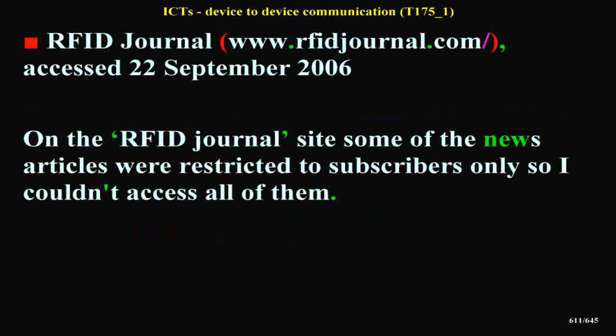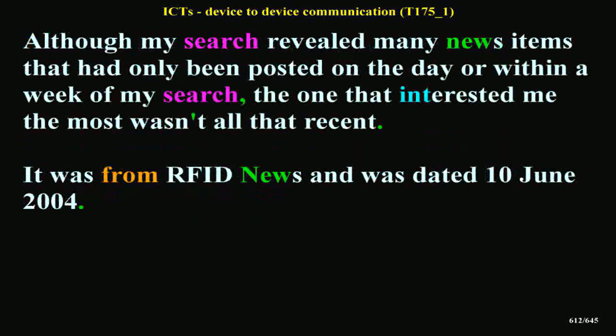On the RFID Journal site, some of the news articles were restricted to subscribers only, so I couldn't access all of them. Although my search revealed many news items that had only been posted on the day or within a week of my search, the one that interested me the most wasn't all that recent. It was from RFID News and was dated June 10, 2004.